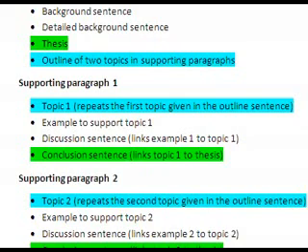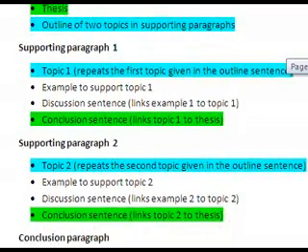And the conclusion sentence links your supporting paragraph back to the thesis. So this is the sentence that keeps the entire paragraph focused on what you're arguing in the thesis.